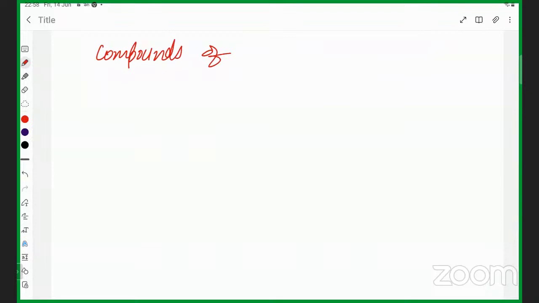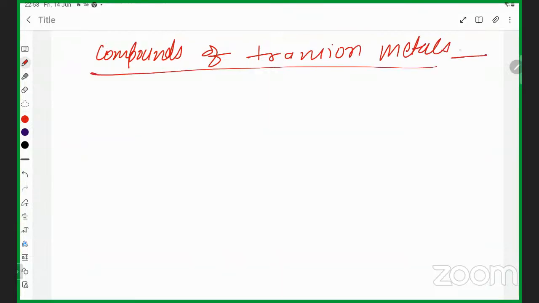This is the heading from the NCERT book. There are millions of compounds of transition metals, but you need to study only 2 compounds in our syllabus. Only 2, not more.